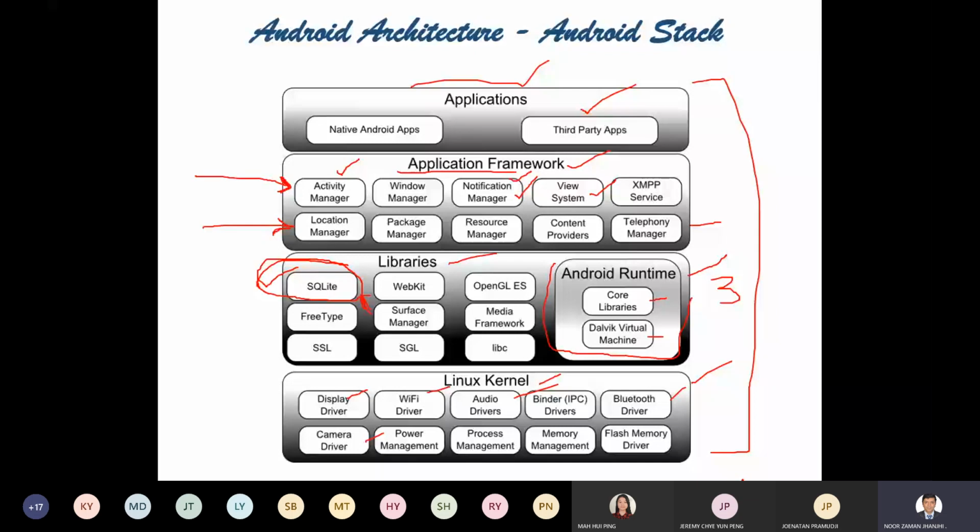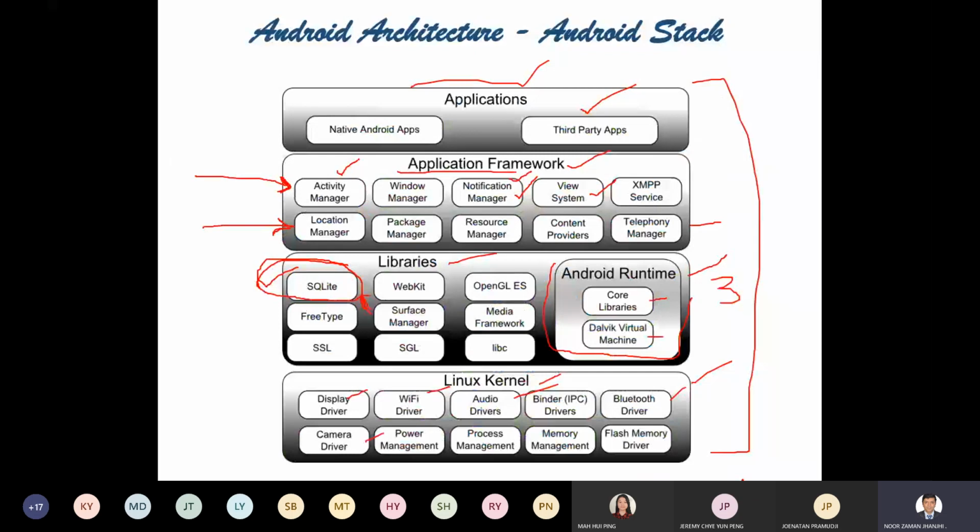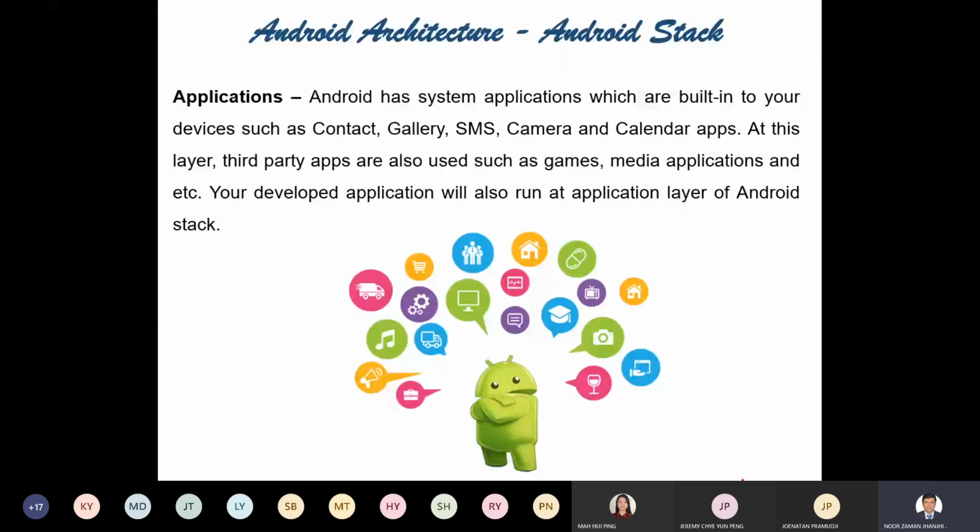Now when we talk about the application layer, we already discussed the native applications and third-party applications. Here he is trying to explain more. He is mentioning that Android has system applications which are built into your devices, and you cannot uninstall them. That is the most important point. Which applications are there?